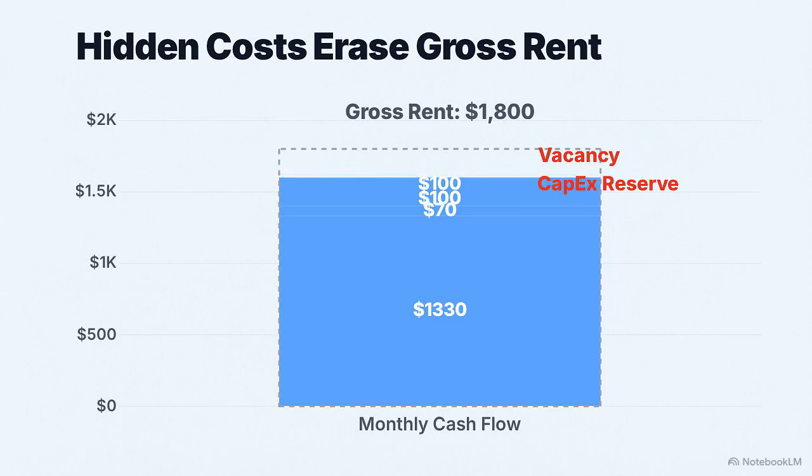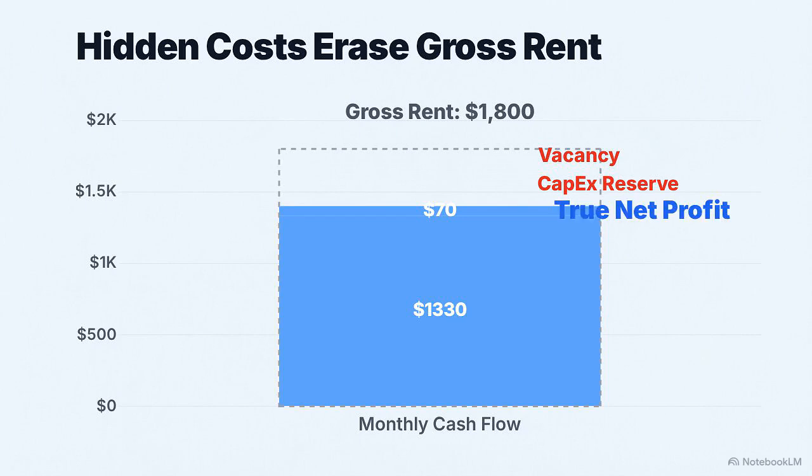You must budget 1 to 2% of the property's value annually for regular repairs. Then, you have to hold back reserves for future replacements, like roofs or HVAC systems, which arrive as 5-figure expenses that cannot be postponed. Finally, subtract property management. Outsourcing the tenant screening and late-night calls immediately removes 8 to 10% of your monthly rent.